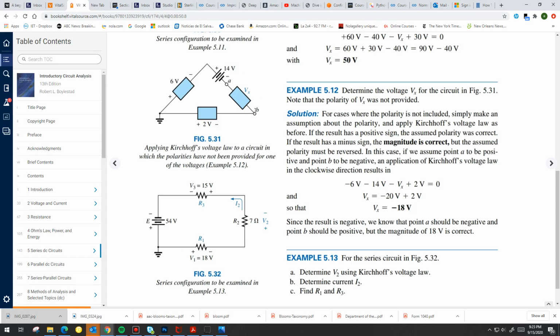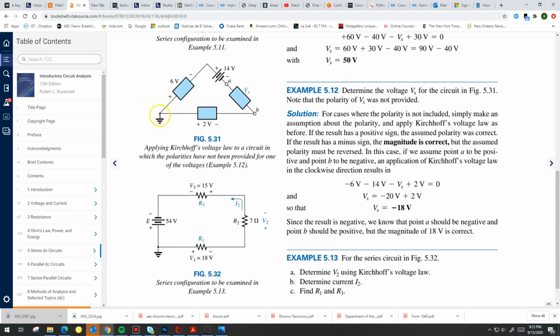It actually corrects yourself, if you will, if it's not the actual polarity. So in this case, they don't tell you what the polarity of Vx is. So I'm going to assume it's positive from A to B, and B is negative, right? And if it's not, remember, if Vx happens to be negative, that means that I assumed the wrong polarity. No problem. You just make the correction.